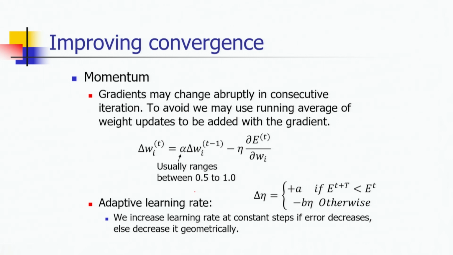You would like to have a smooth change of the gradient value. So instead of taking the point gradient, we take a running average of weight updates to be added with that gradient.